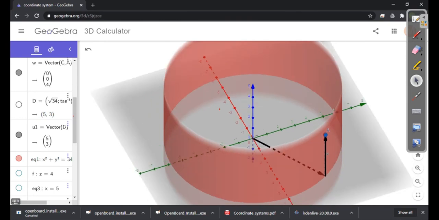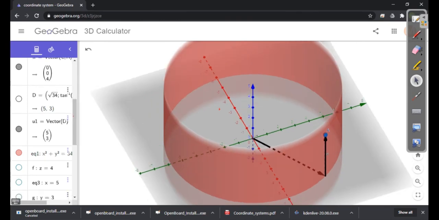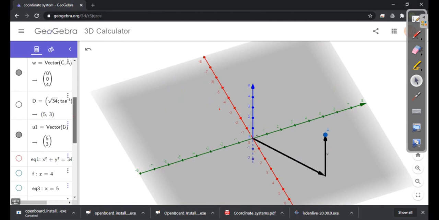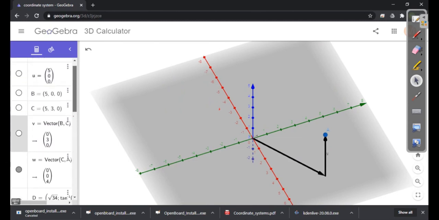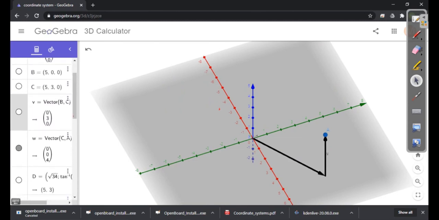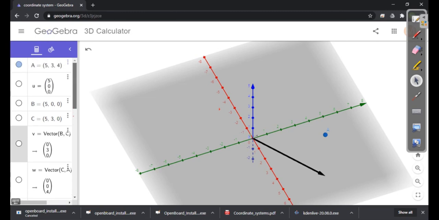If I disable the z part also, what I have is this length, rho, right? This is the angle phi, and in the previous one I had these two, u and v.